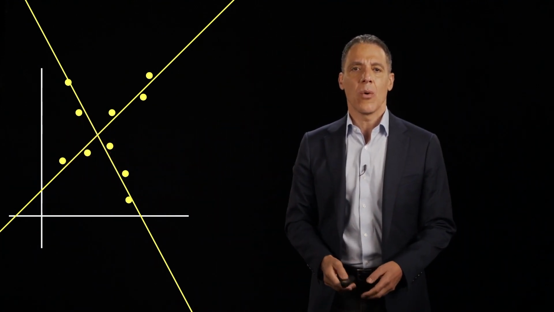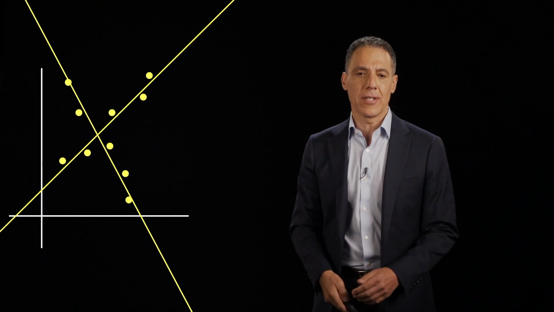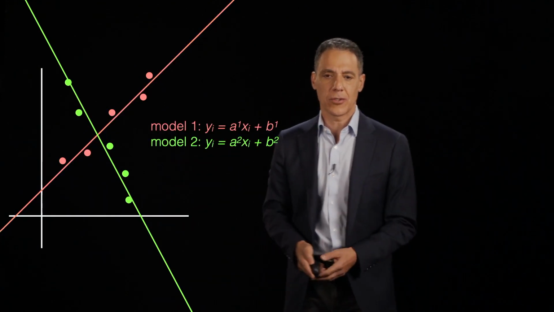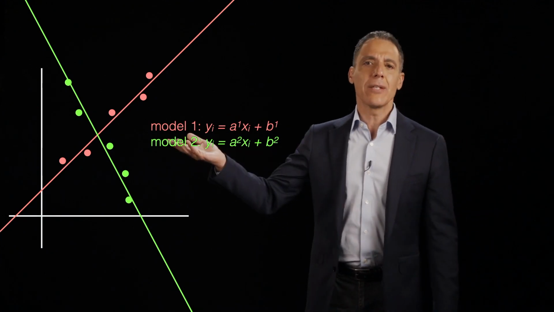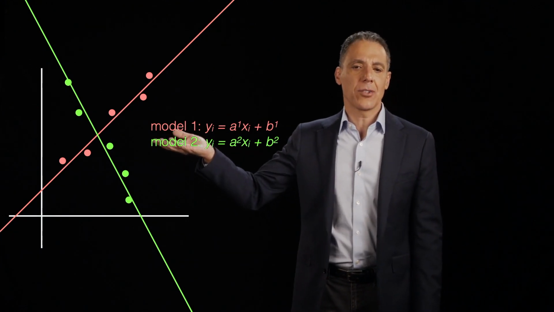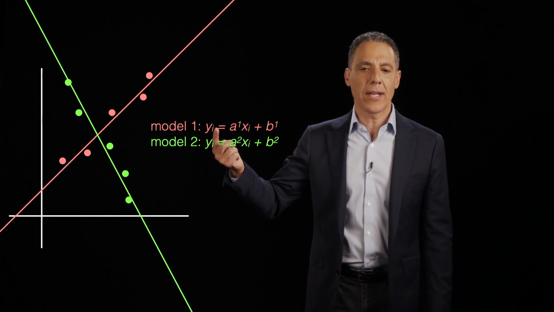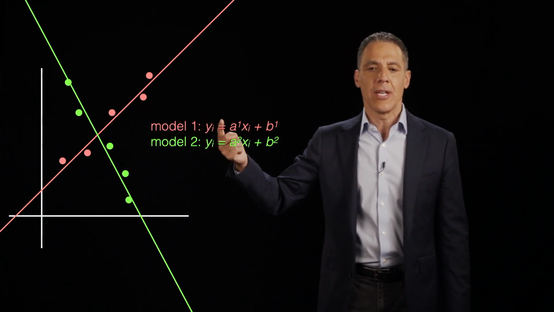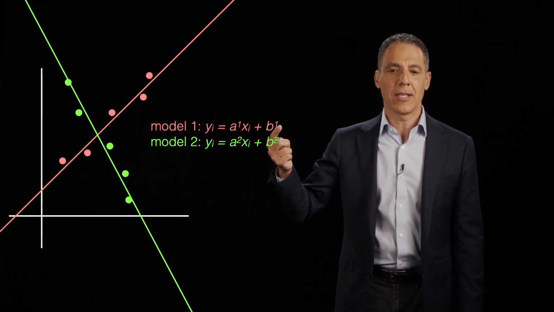In either case, let's think about how we solve this unsupervised learning problem where the model is slightly different now. It's lines instead of clusters or circles or spheres. Well, okay, it's on us to tell us what the model is. So let's say that model 1 is a line. So y sub i, so all the red points here satisfy a1 x sub i plus b1.